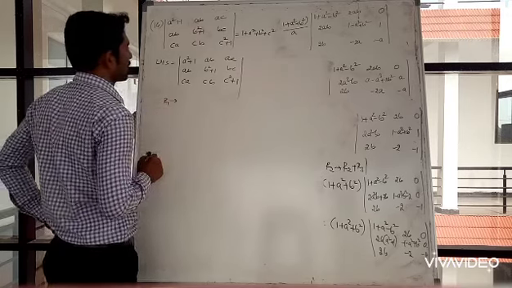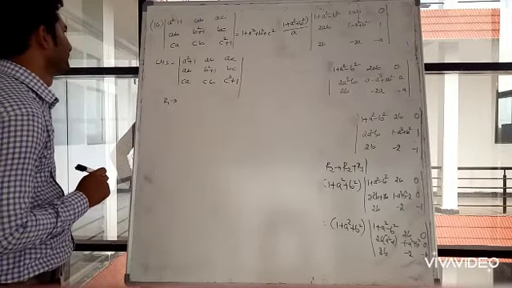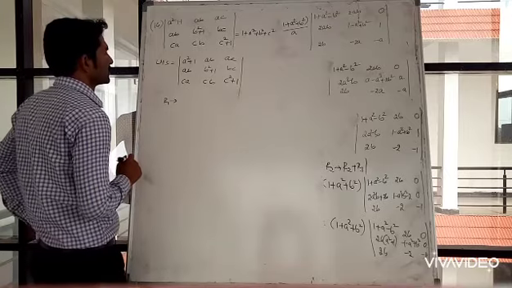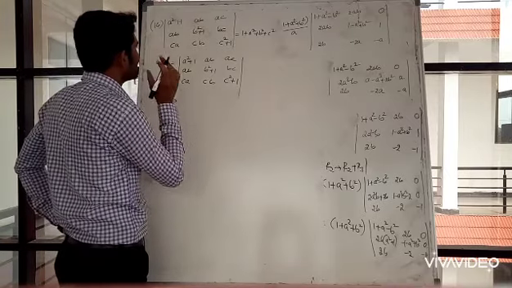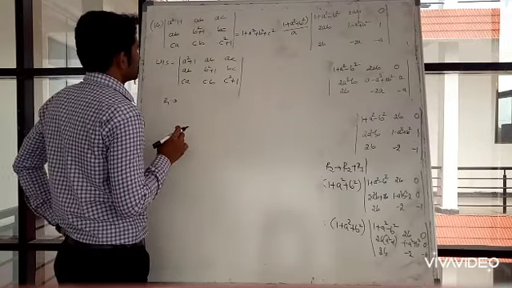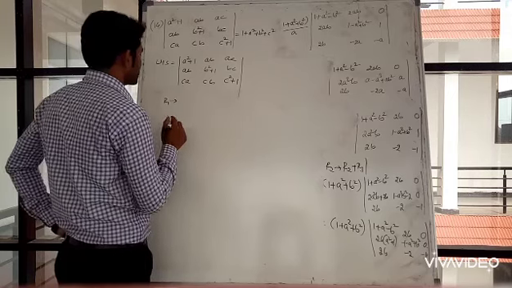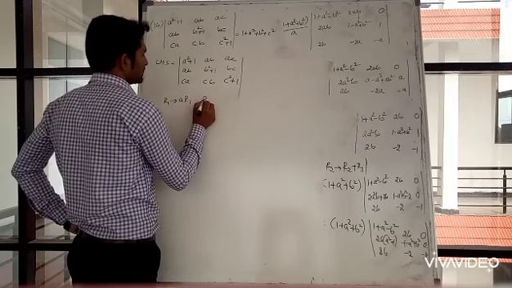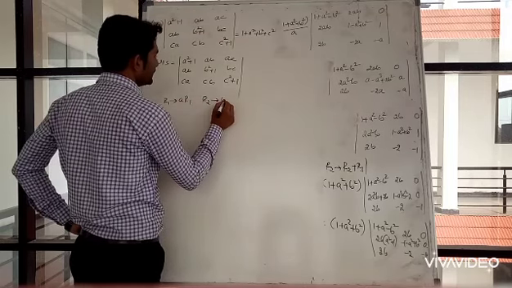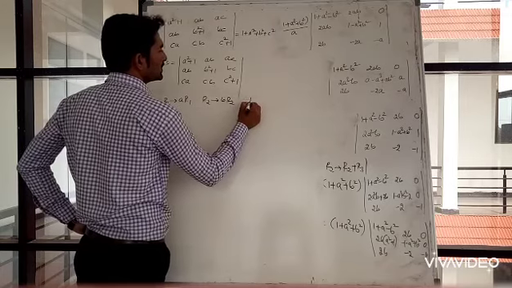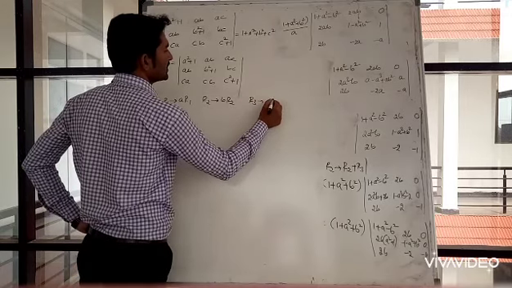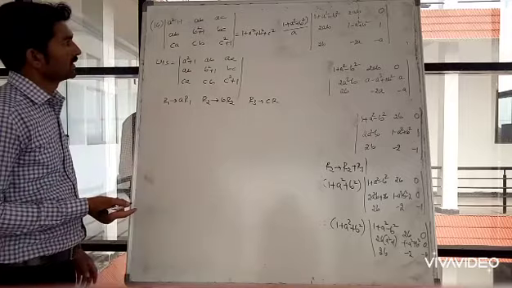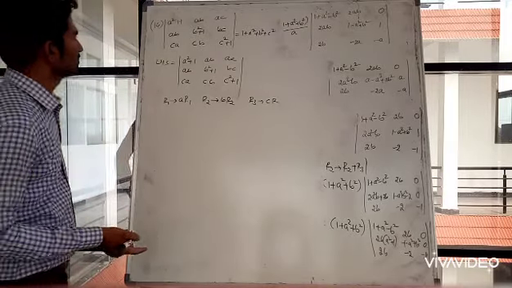R1 implies multiplying by a. First row is multiplied by a, second row is multiplied by b, third row is multiplied by c. Because in the right hand side a square plus b square plus c square is required.